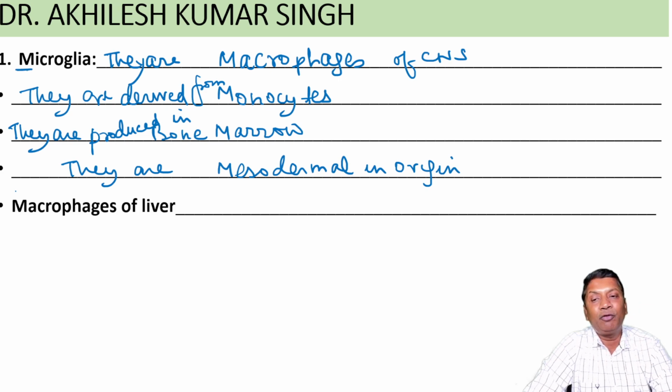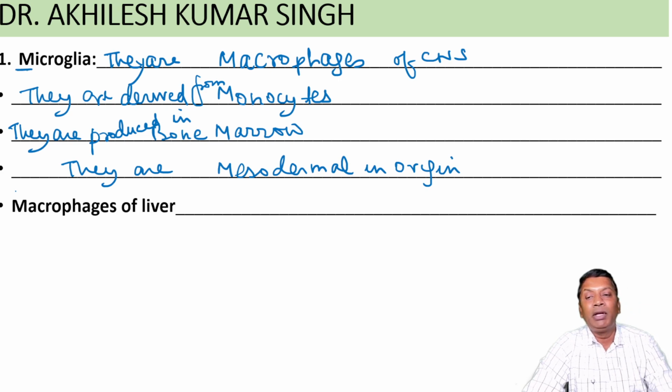One M stands for macrophages of the central nervous system. Another M stands for the monocytes, right? The third M stands for marrow, and the fourth M stands for mesodermal in origin.